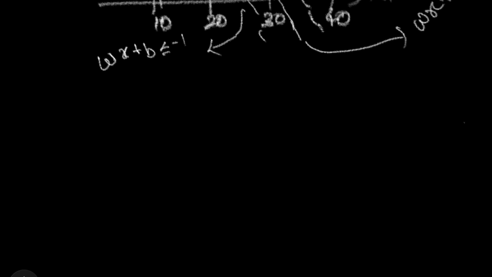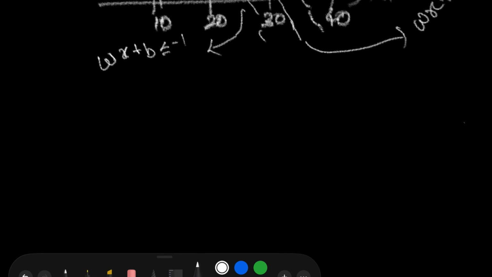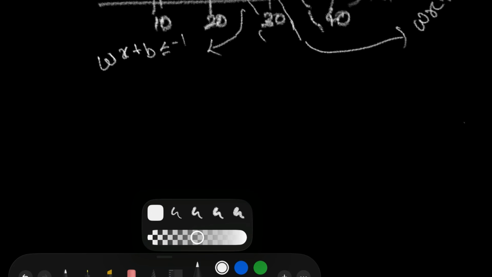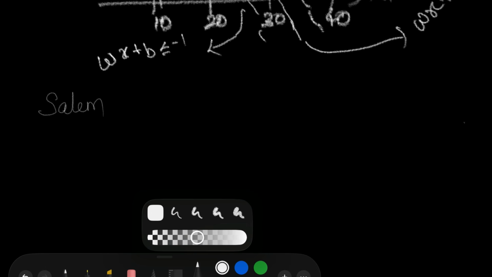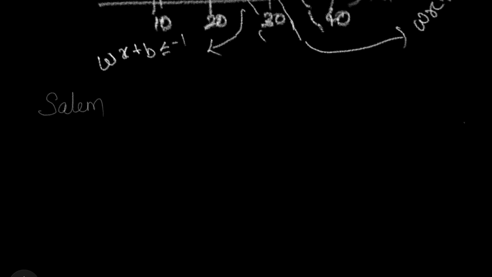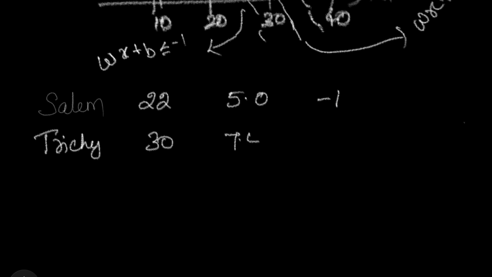So let's write for clarity. For Salem, we have 22, 5.0 and -1, and for Trichy we have 30, 7.5 and +1.